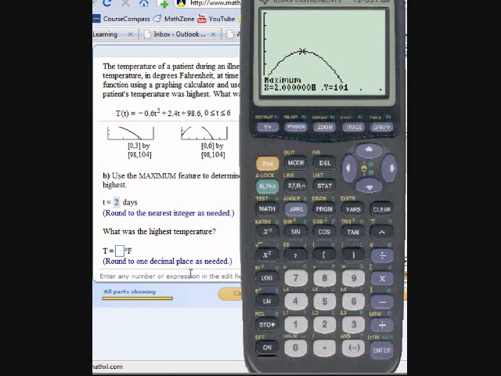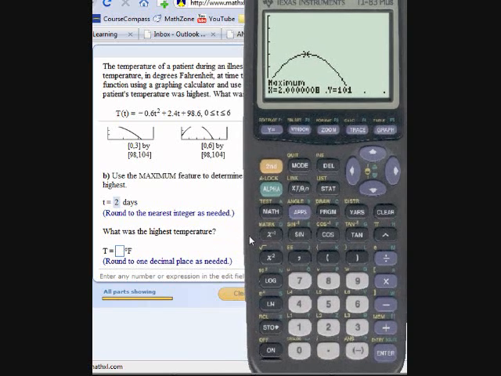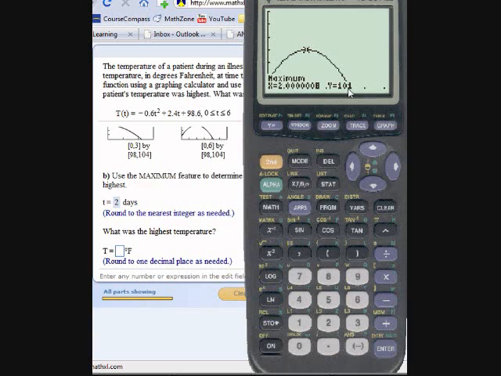Round to 1 decimal place as needed. You know, this is where it really gets awful with MATLAB, because this calculator says 101. Now, is that going to be what it wants? The calculator can give you rounding errors, but let's try 101.